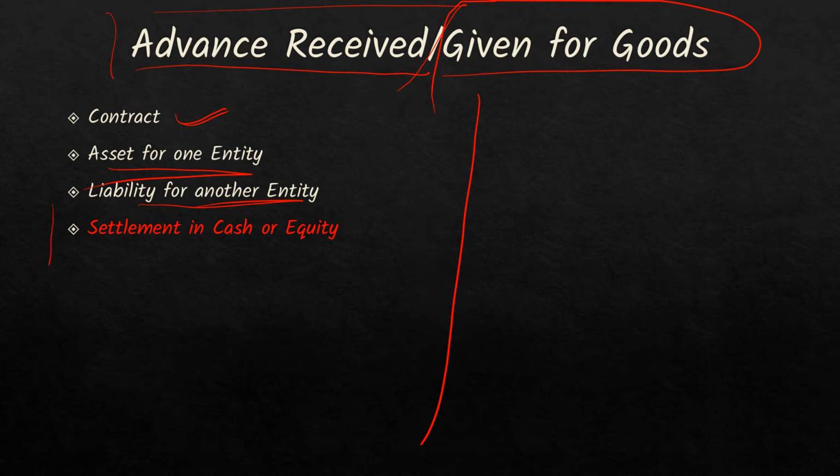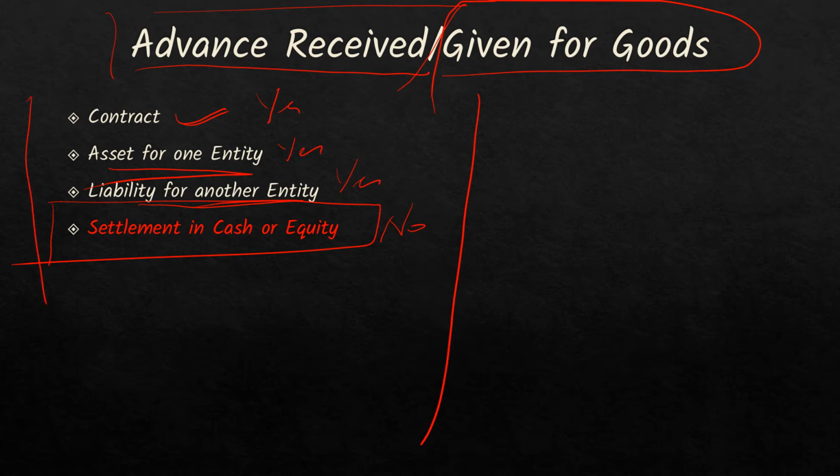Will that be settled after a certain period? Will that asset, advance paid, or liability, advance received, be settled in cash? No, you will be getting goods or you will be delivering goods. So there is a contract, an asset for one and a liability for the other, but no cash settlement.